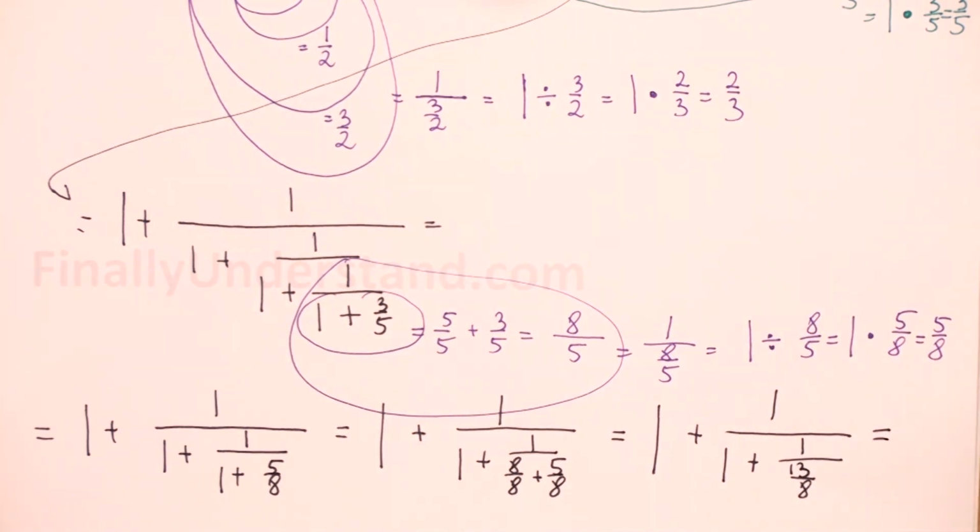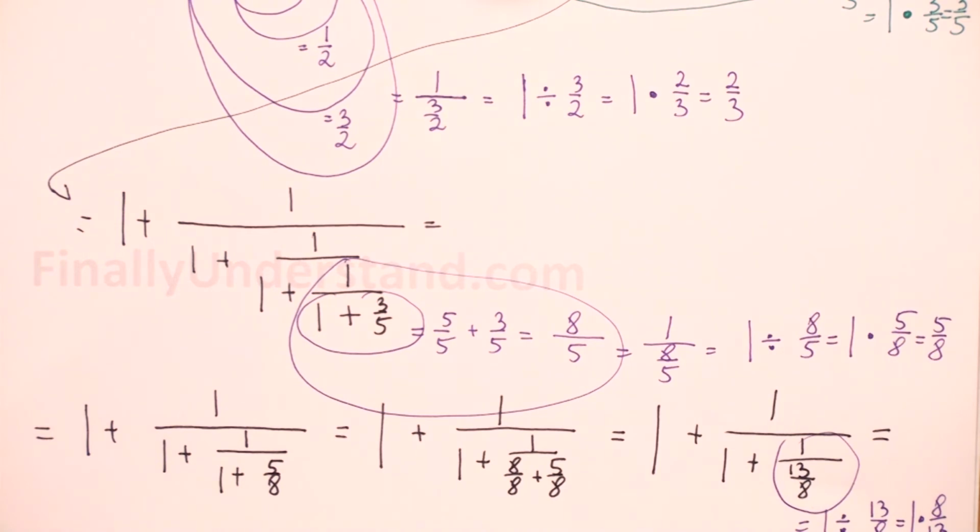So now this is equal to 1 divided by 13 over 8. So this is equal to 1 times 8 over 13. We have to flip the second fraction. So this is equal to 8 over 13.